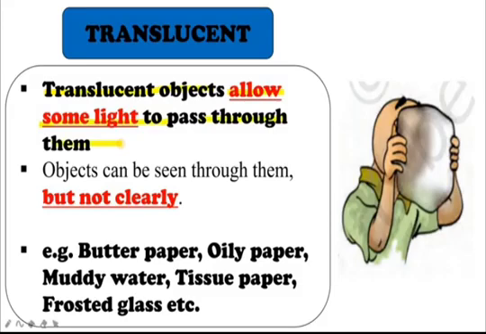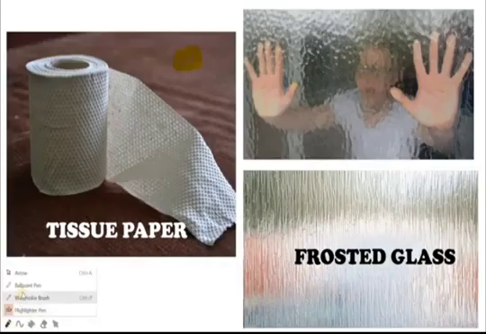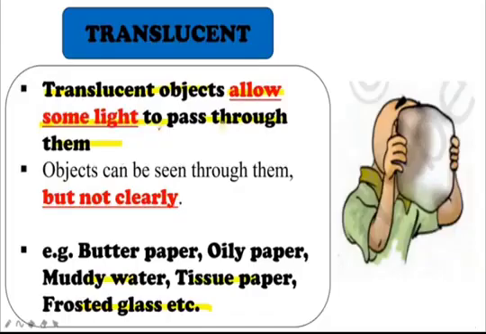Examples are butter paper, oily paper, muddy water, tissue paper, frosted glass, etc. These are the examples of translucent objects. Translucent objects do not allow the whole light to pass.